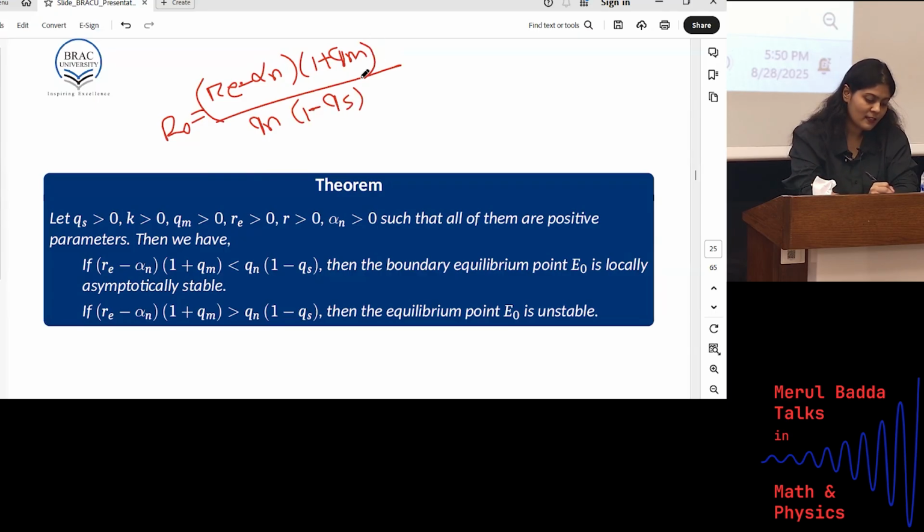So for the stability of the beetle free equilibrium point, or the disease free equilibrium point, R naught must be less than 1. So for the stability of the beetle free equilibrium point, the reproduction number must be less than 1.